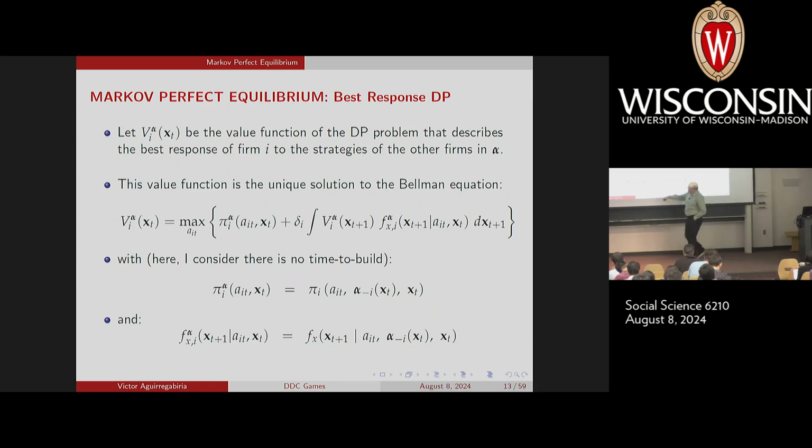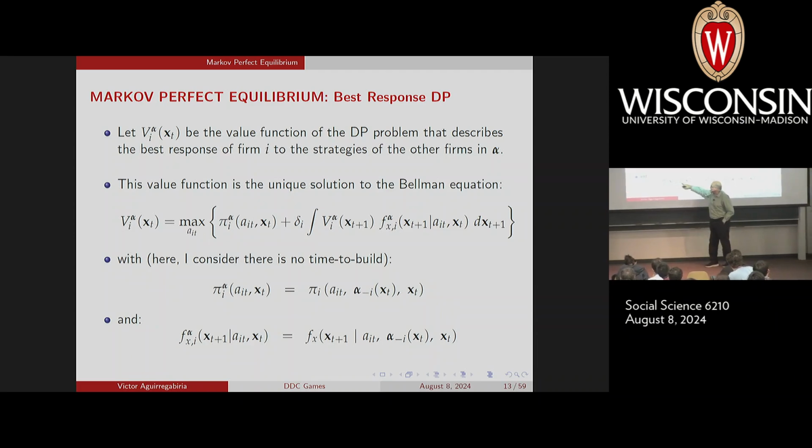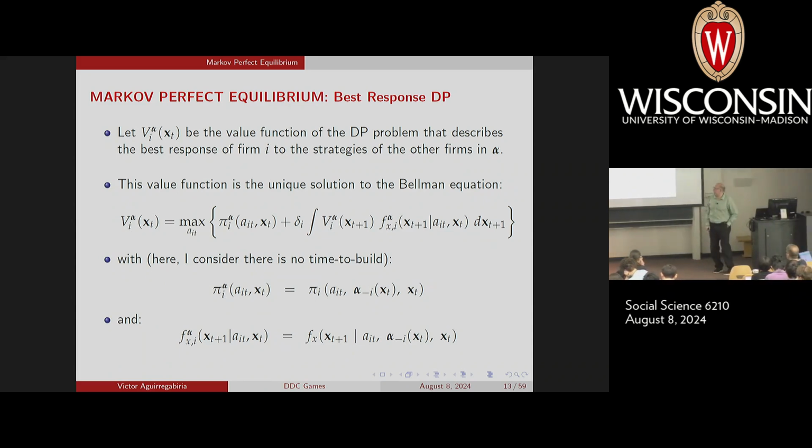And I can define this transition probability of state variables that explicitly only depends on my own action, because I have solved here the action of the competitors according to their strategies.